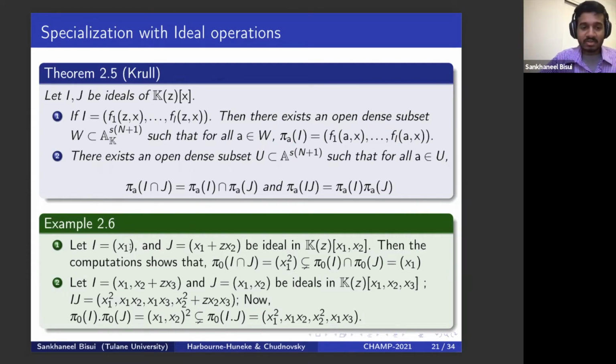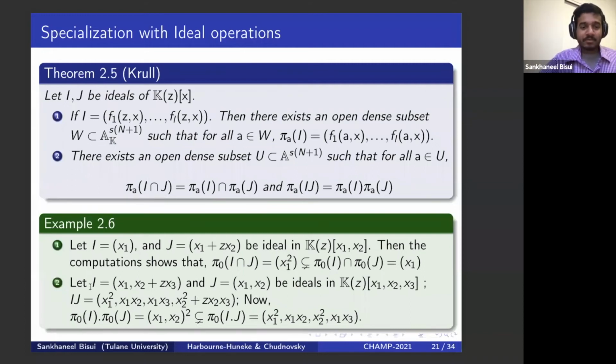And with examples, it's easy to see that if we take the principal ideal generated by x1 and the other one x1 plus ux2, then the specialization of the intersection is going to be x1 squared, which sits properly inside the intersection of the individual specializations.